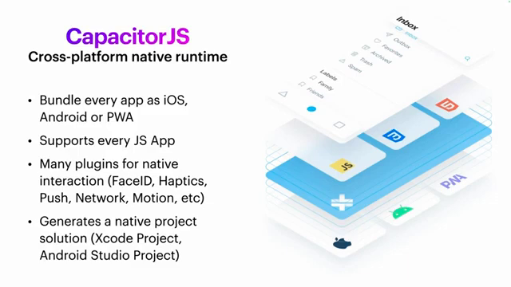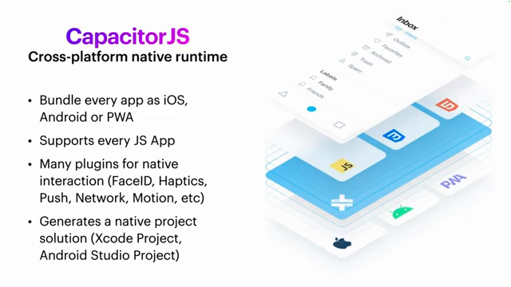So, for example, you can use Face ID, haptic feedback, push notifications, network, motion, camera, and file system APIs directly out of the box. And there is also a really active Ionic Capacitor community, so there are many native plugins written by the community, extending your JavaScript application with native functionalities.